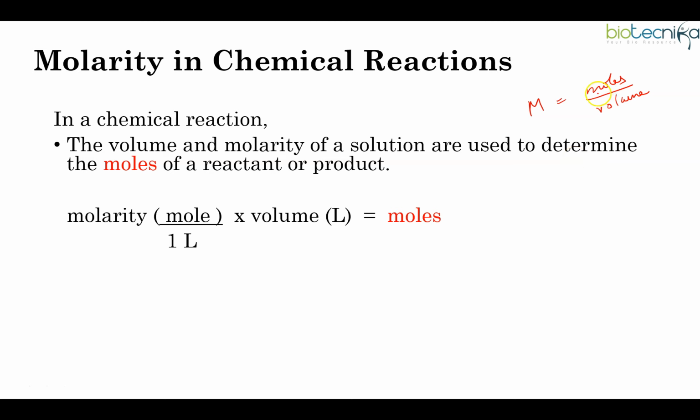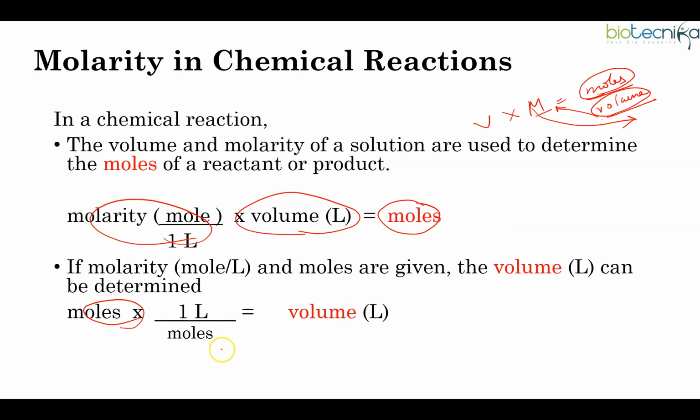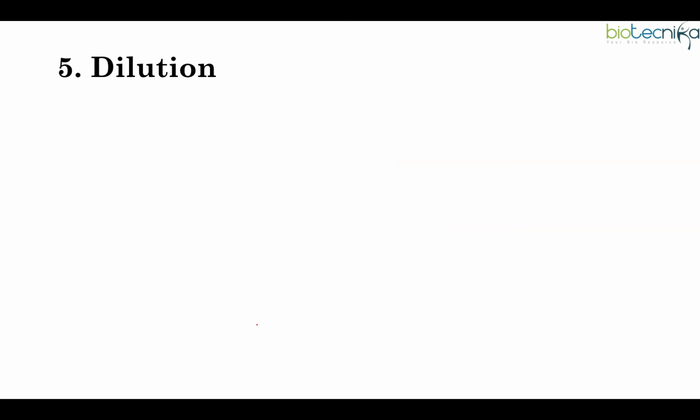For example, if you want to find out moles, provided your molarity and volume are given, you bring it to the other side. By multiplying the molarity and the volume, you can calculate how many moles there are. Or the other way around, if you want to find out the volume, then you can bring the molarity here, so the volume will be moles divided by the molarity. Like this you can use it.